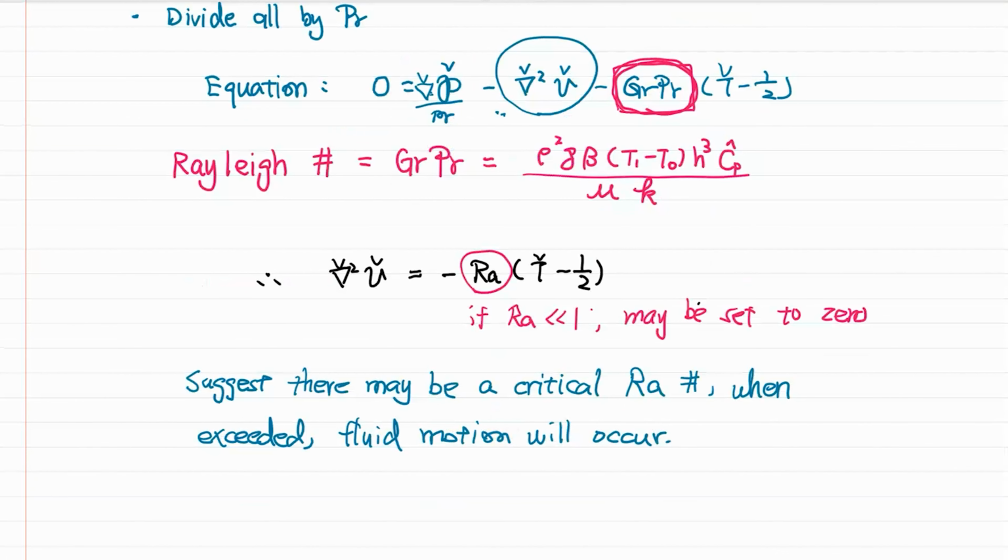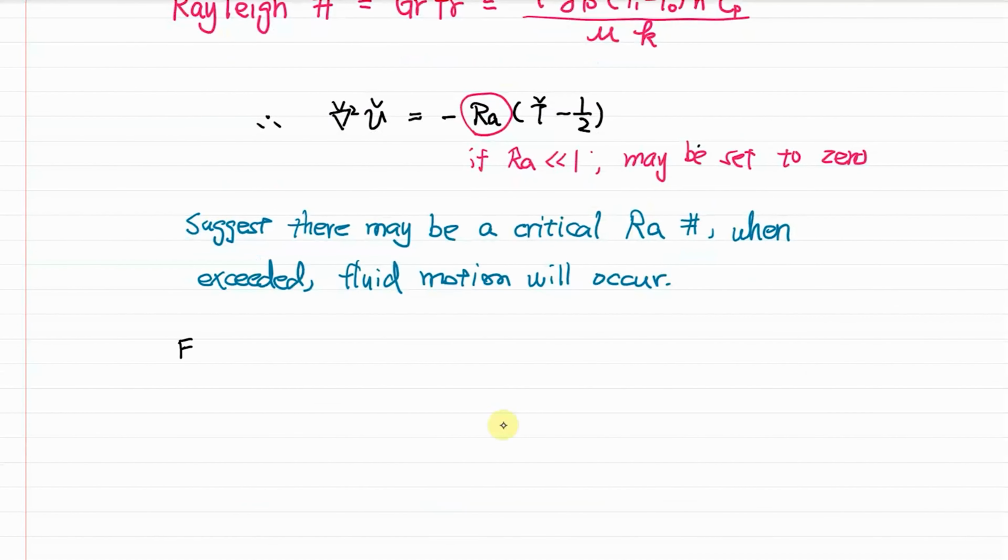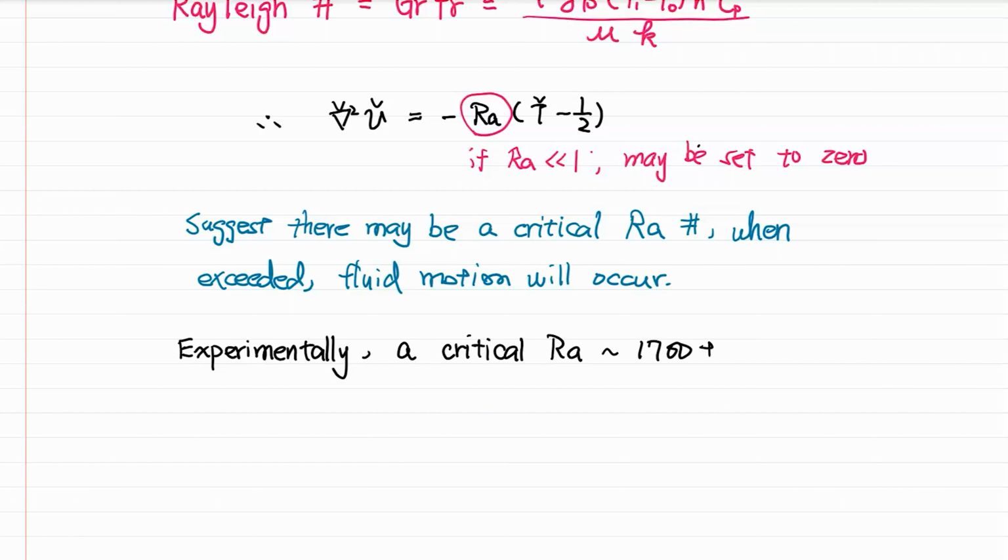So experimentally, the critical Rayleigh number is around 1700 plus minus 51 for R over H much greater than 1.